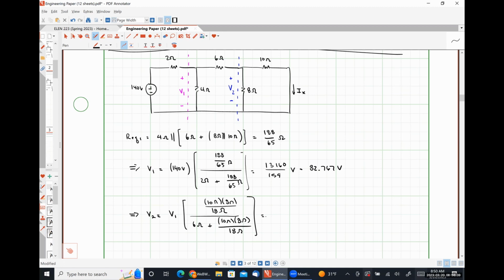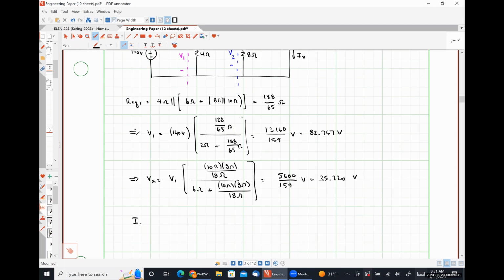Let's see, 80 over 18. 6 plus 80 over 18 comes out to be 5,600 over 159 volts, or 35.220 volts.